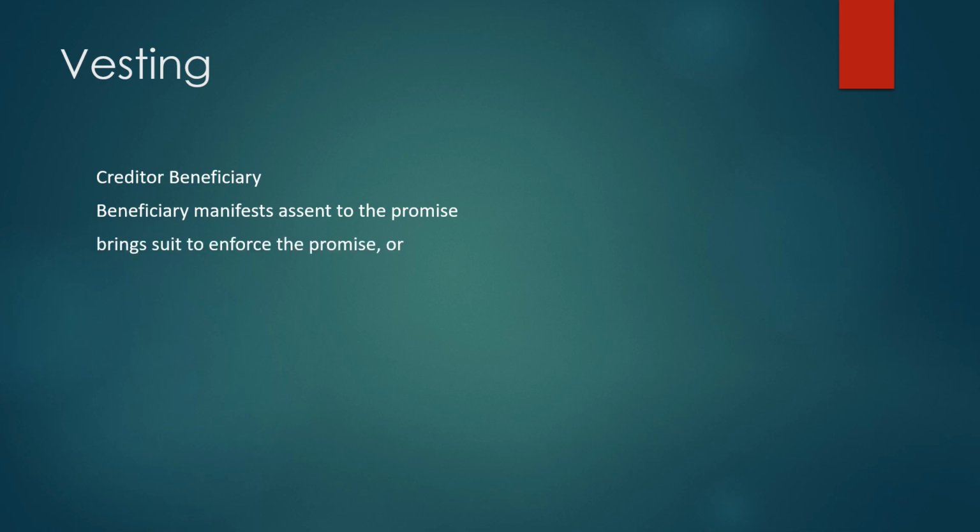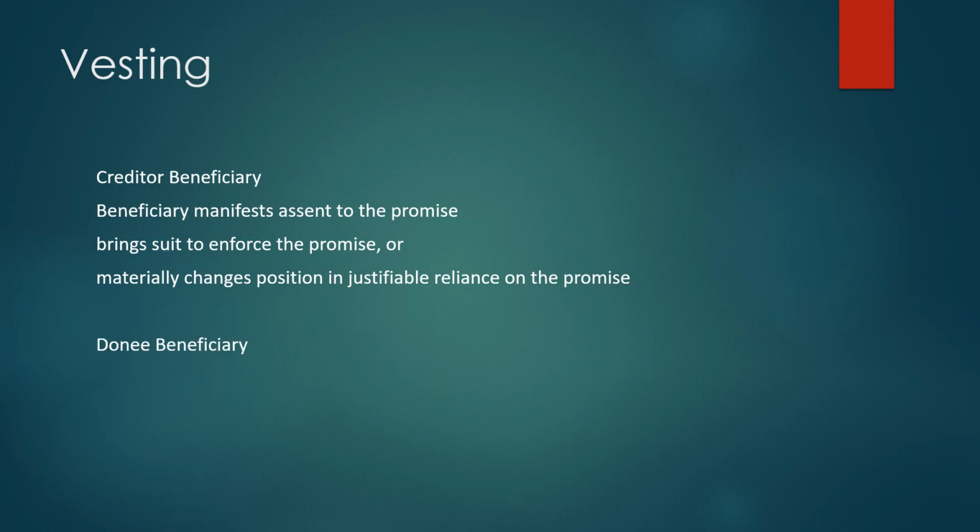Or if you brought suit to enforce the promise, or justifiable reliance on that promise. You've relied on that promise. The only time a donee beneficiary, one who's getting it as a gift, can vest is when they have materially changed their position in justifiable reliance on the promise.